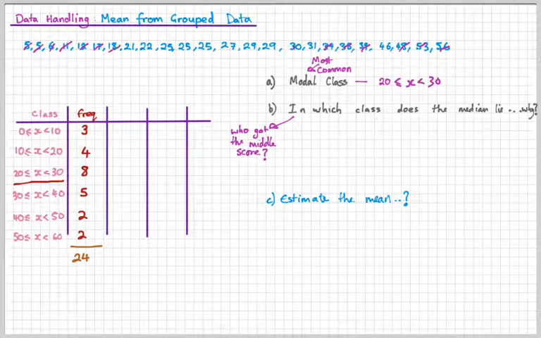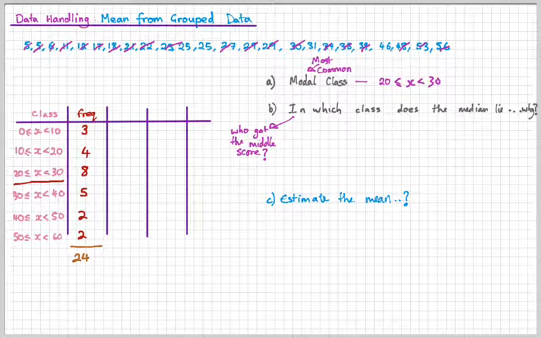If we keep doing this, we'd cross out 11 from either end, and the two middle ones are the 2 25s. They're the 12th and the 13th score. So the middle one would be between those two scores.